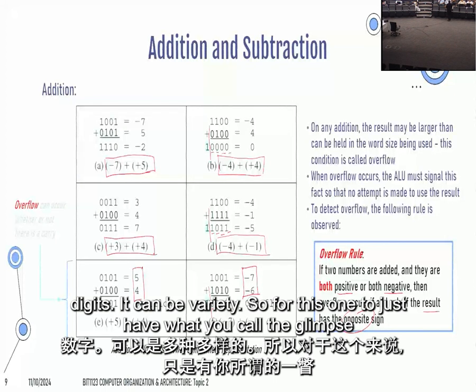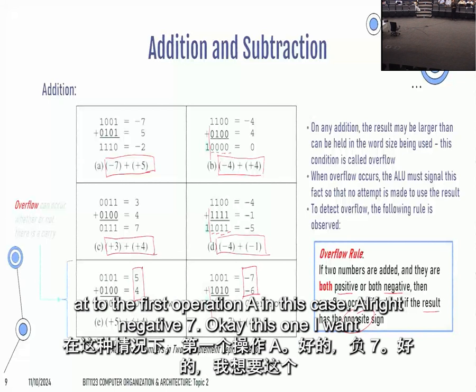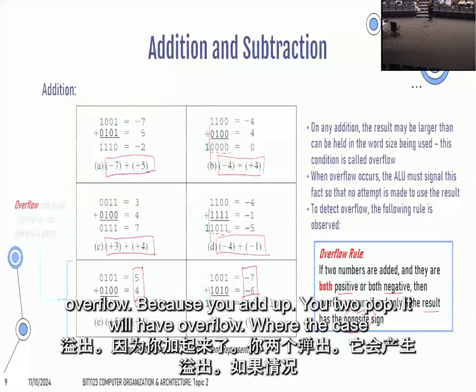So for this one, just to have a glimpse of the addition operation, I'm giving you all the same positioning. Look at the first operation, A, in this case, -7. I want to let you know, when you do the addition, definitely there will be an overflow because you add up, you top up.